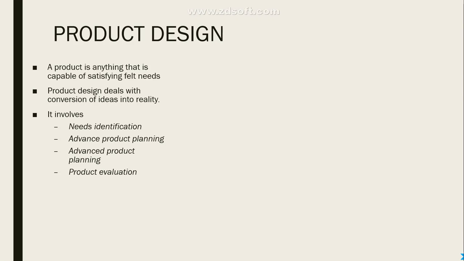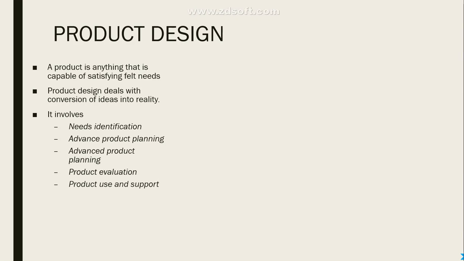Once your design is not finalized, you have to rework on it, redesign. Evaluation is checking what the features are, whether it suits, the pros and cons of the product and the features.